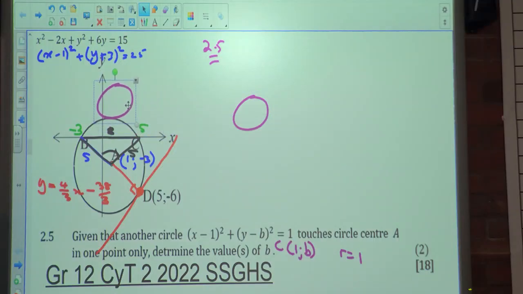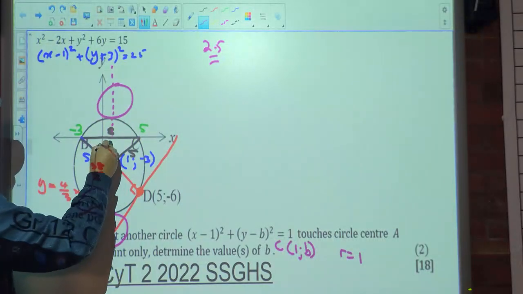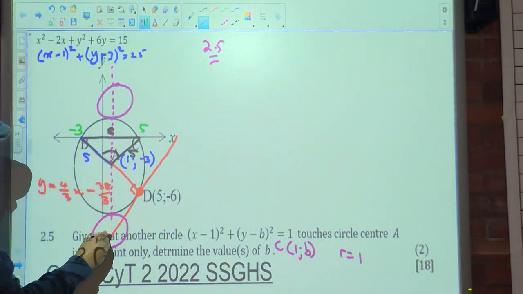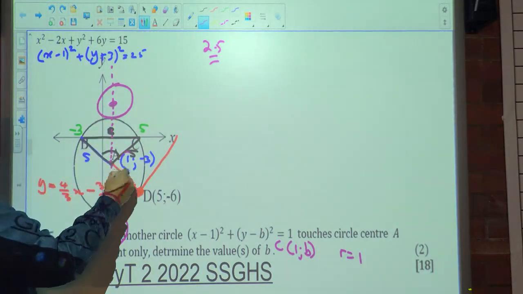So it's there, and you could have put it here as well, with that point being the same x value as this point here. As you can see, it's 1.